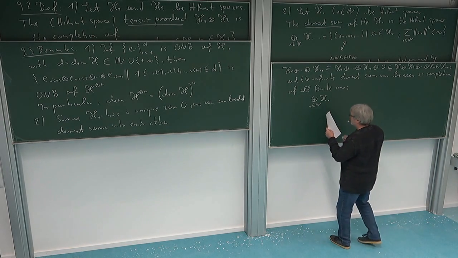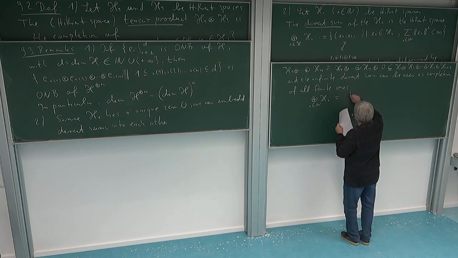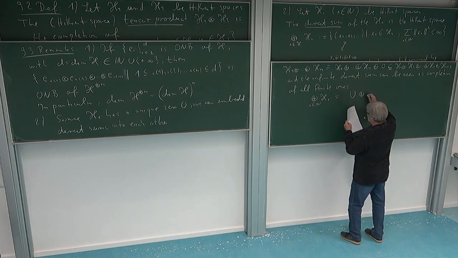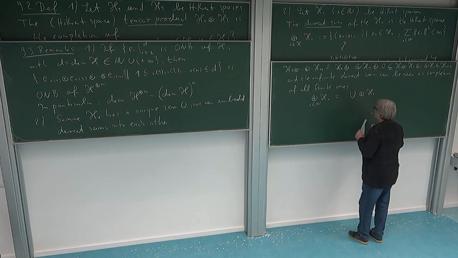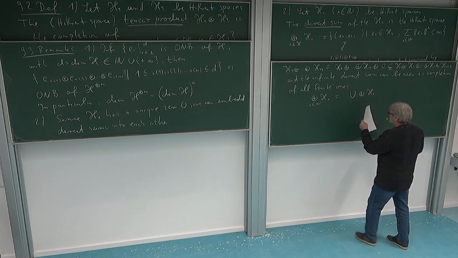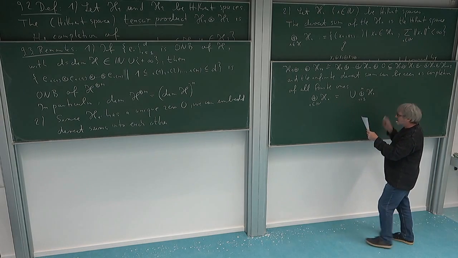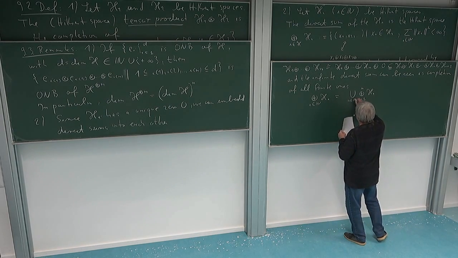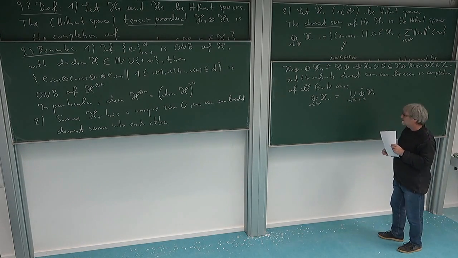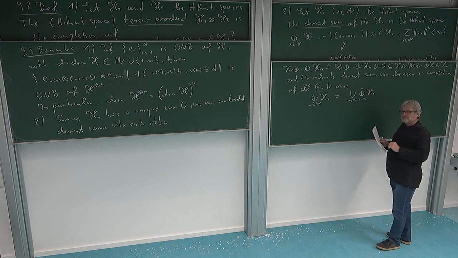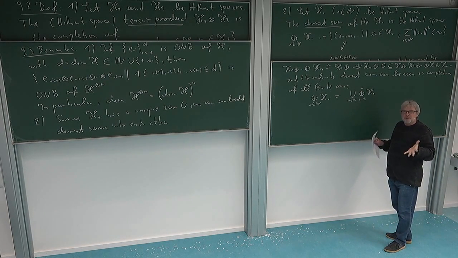So I can also see the direct sum of the H_i, where I'm running over all the infinitely many, as the union of the finite direct sums of the H_i, where I'm only taking the sum of the first n of them, but then I let n run. So I take the union of them, and of course this is not yet complete.